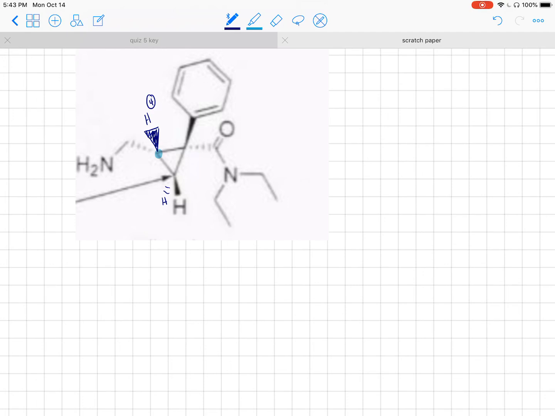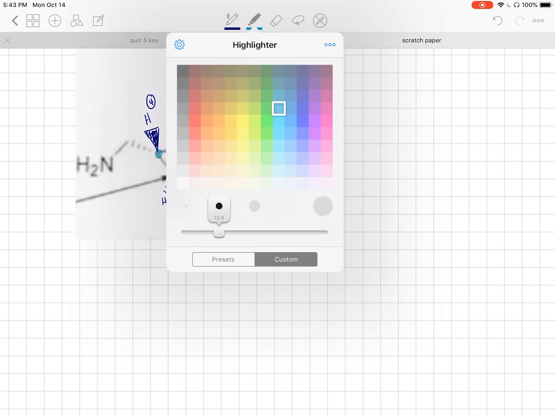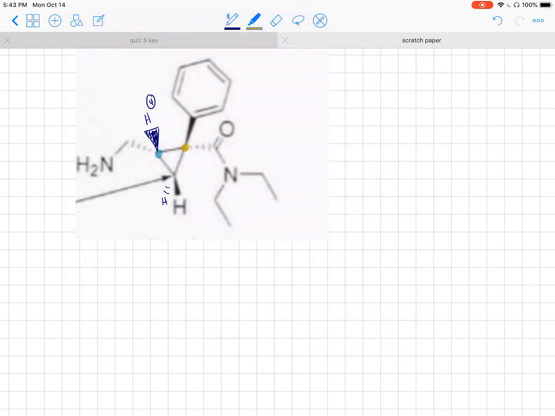Then the other 3 options are all carbons, right? All 3 of these are carbons. So we have to look at what these carbons are bonded to. So this carbon right here on the left is also bonded to a nitrogen right here, and it's bonded to 2 hydrogens. What is this carbon bonded to?